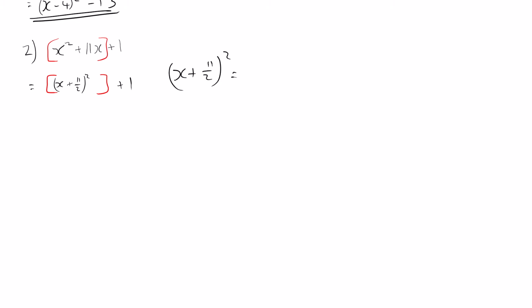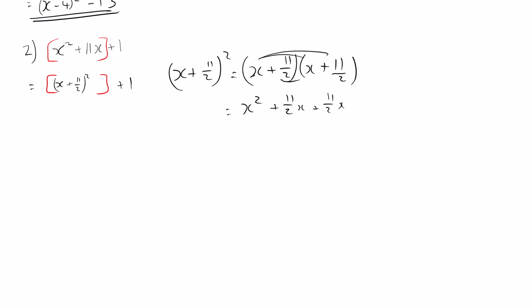So expand out x plus 11 over 2 squared. So that's x plus 11 over 2 times by x plus 11 over 2. That gives us x squared plus 11 over 2 x, plus 11 over 2 x, plus 121 over 4.